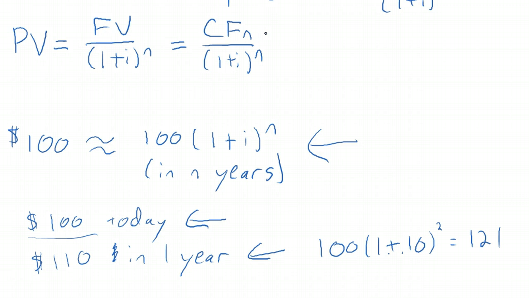That is exactly the same thing. So I could either receive the cash flow n years in the future, or I could receive the present value of the cash flow today. Same exact thing for me. Don't really care.